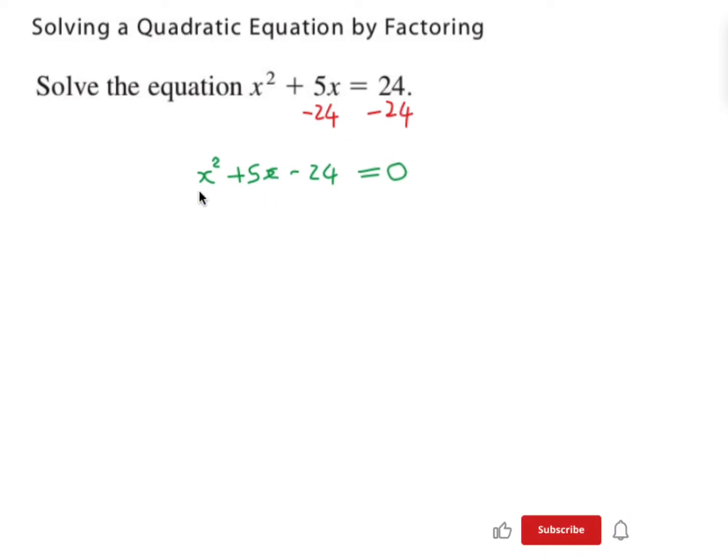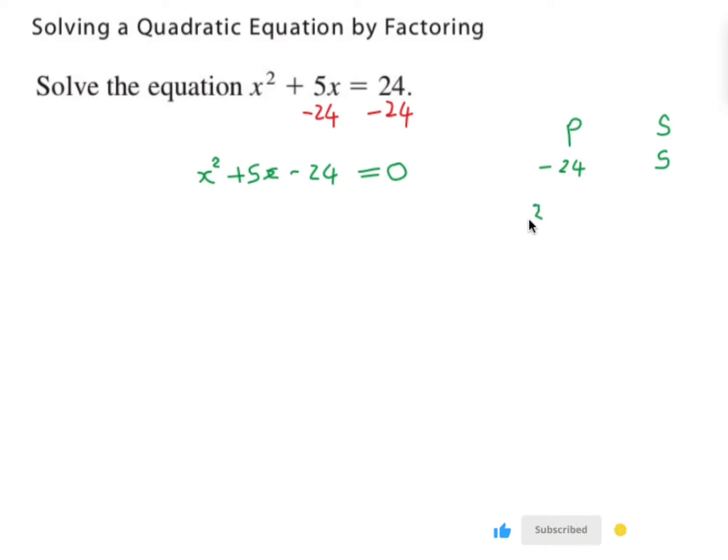And okay, so this is a quadratic equation. And what is the product here? Product is negative 24 and sum is 5. So we want two numbers whose product is negative 24 and sum is 5.